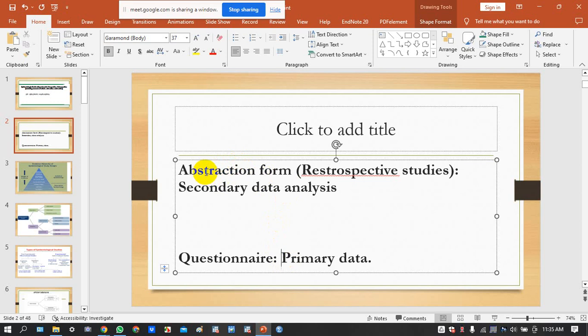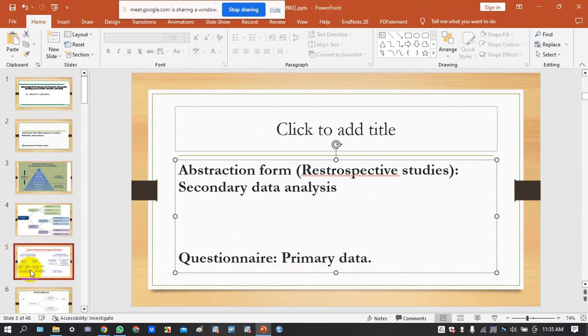You take the information from the hospital registers, from the LIMS and the DIMS and whatever. You use an abstraction form, and the data you pick is called secondary data. But if the patient is standing in front of you and you are asking him questions and taking information from his folders, that becomes primary data.